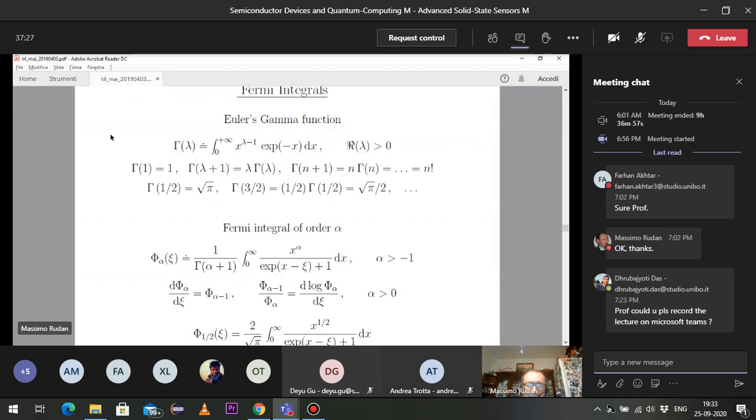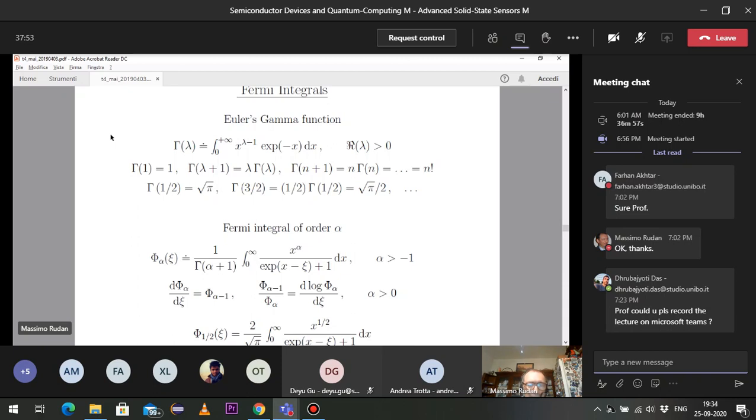Lambda may be even complex, okay? The constraint is that the real part of lambda must be positive so that the integral will converge. In our case, lambda is, of course, a real parameter. Gamma has a very special property.